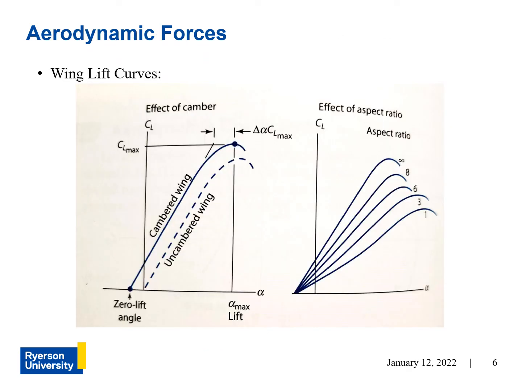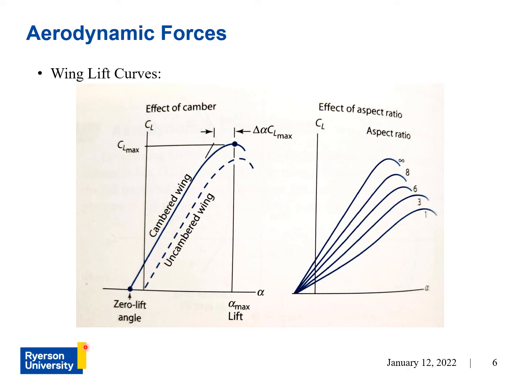All right, again, this diagram shows the effect of camber as well as aspect ratio, and we'll talk about aspect ratio later. This is more relevant to 3D wings. Right now we're just talking about the cross section of a wing.